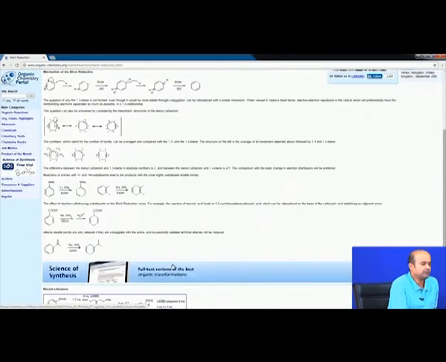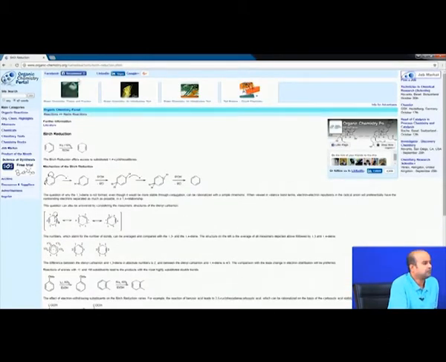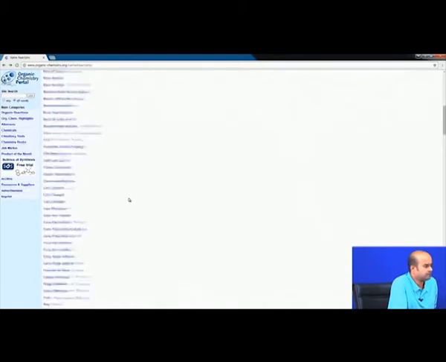So, this portal is also a very useful portal, and that gives you an idea of what name reactions are available in the literature, and what you might not know actually, and then you can just click them out and you find those name reactions.